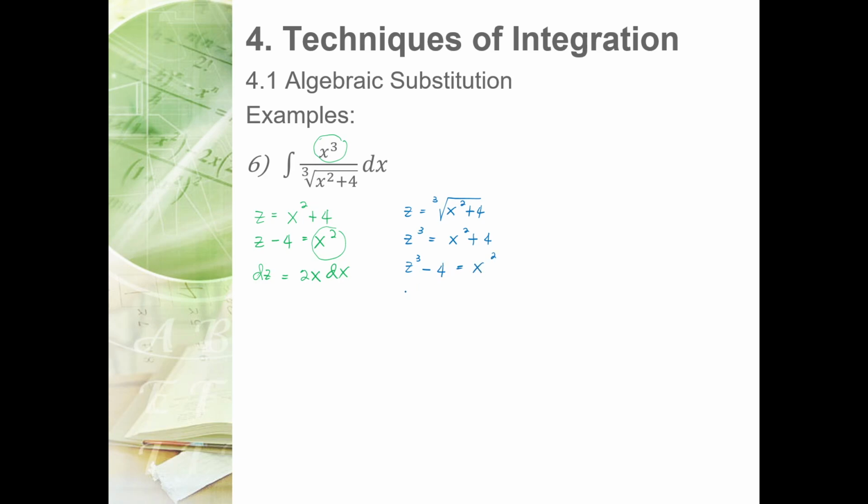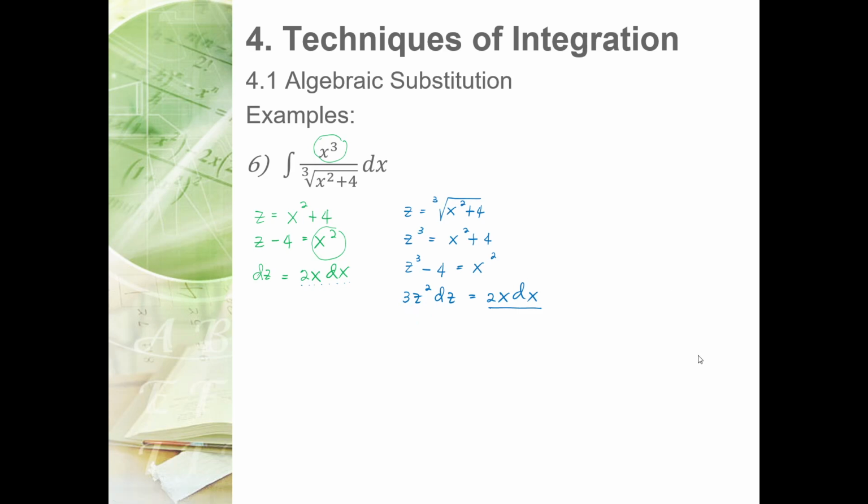Getting the derivative, that's 3z squared dz is equal to 2x dx. Notice both have achieved the 2x dx. But on the left side we have dz, and on the right side we have 3z squared dz.